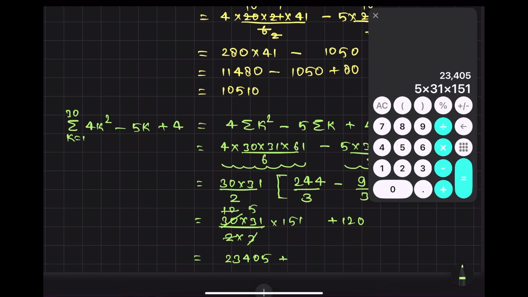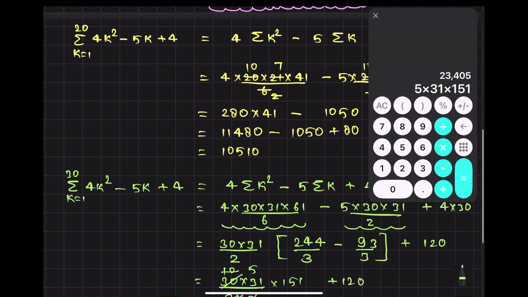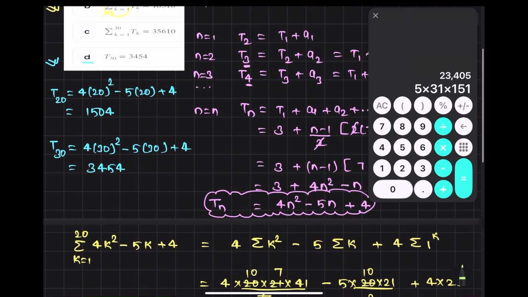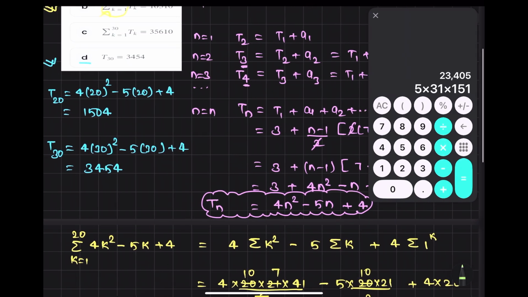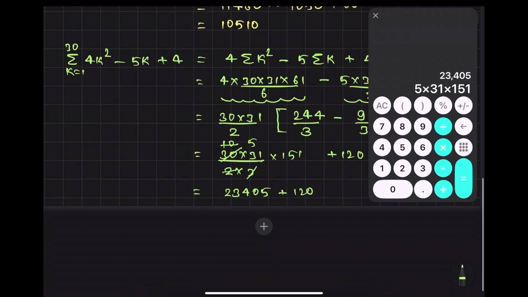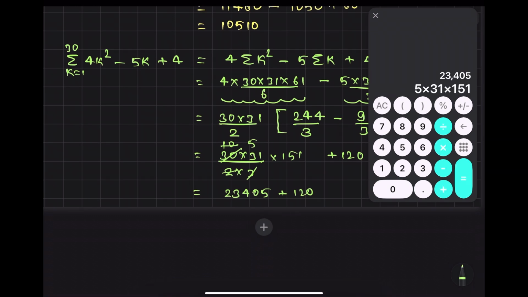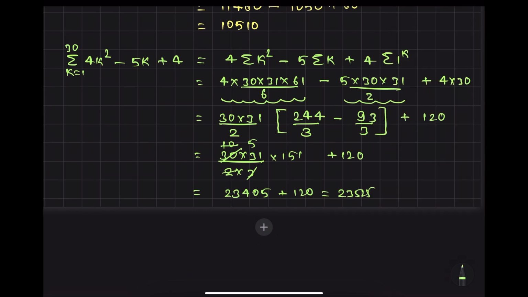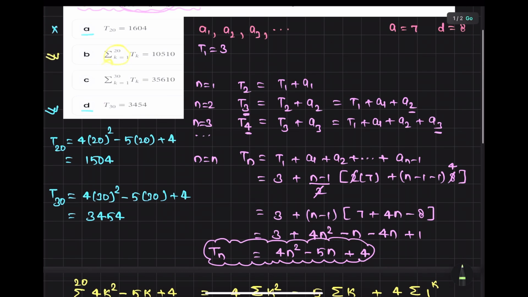The numbers are very big, but it is okay, it is a 5-digit number. Here also we are getting a 5-digit number, plus 120. So we got a different value, 23,525, and we have 35,615. So option C is wrong.